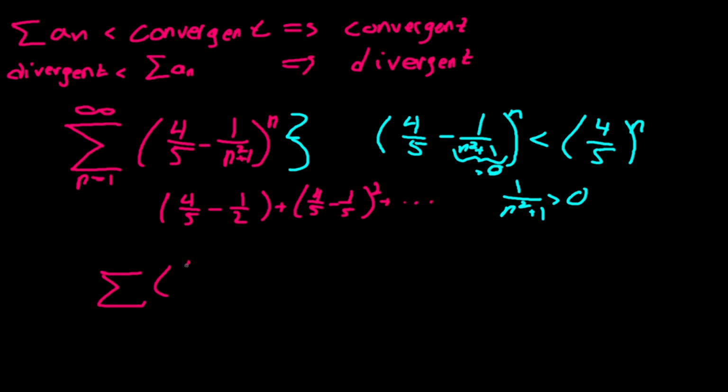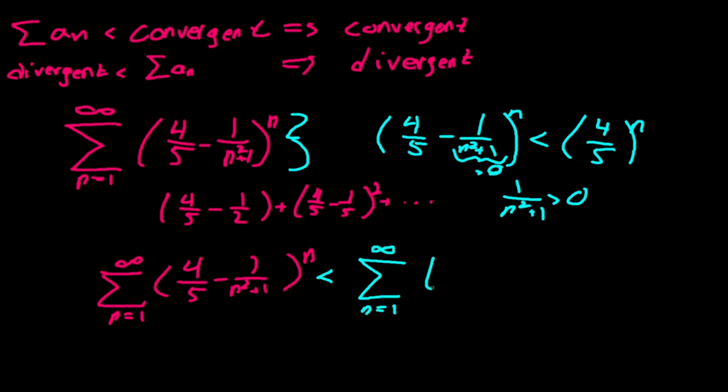okay, what we had, (4/5 - 1/(n^2+1)) to the power of n, the sum from n equals 1 to infinity, has to be less than what we just found: the sum from n equals 1 to infinity of 4 over 5 to the power of n.